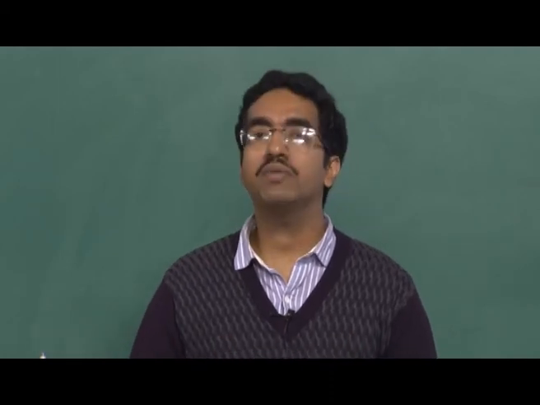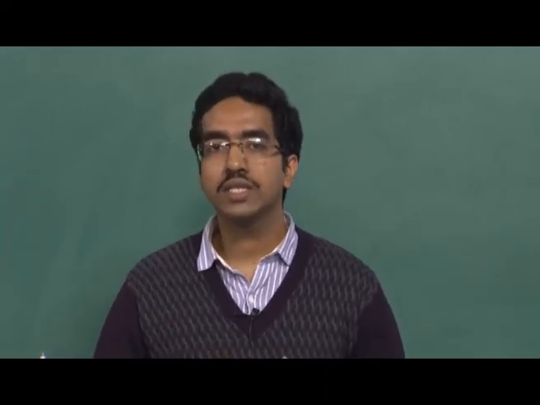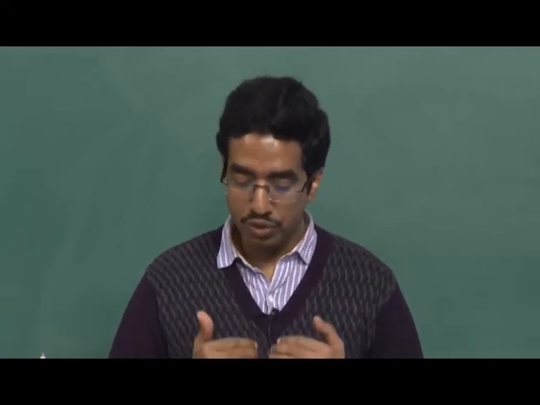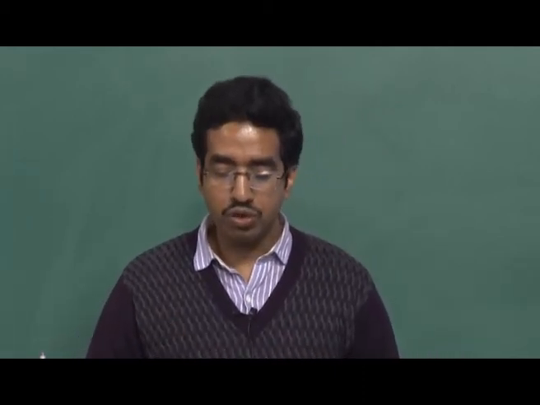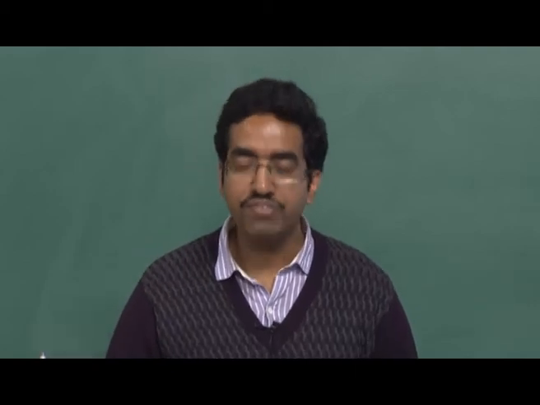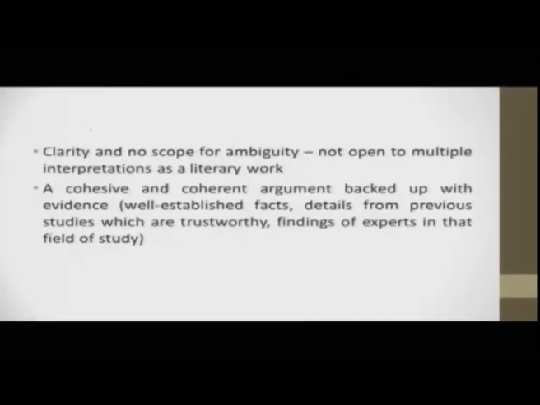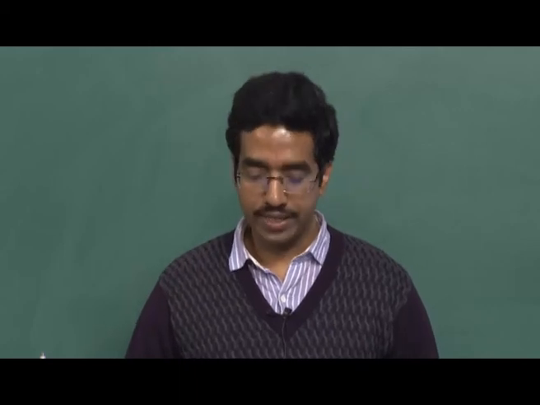In an academic context, such studies are not referred to. You depend on trustworthy sources, and you also bank on findings of experts. Experts means these people have worked extensively and have published. All these come under evidence in an academic context.